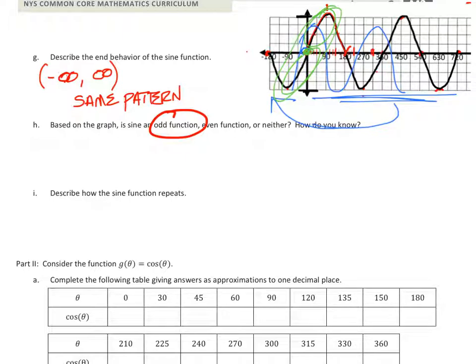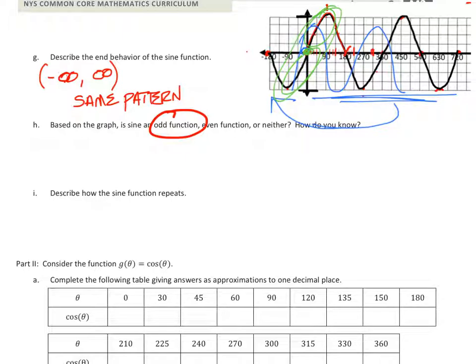So describe how the sine function repeats. You see the basic thing up here. It starts here. Now tell me once it has gone through one cycle, tell me to stop. If I hit this desk every minute, I'm hitting it every minute.